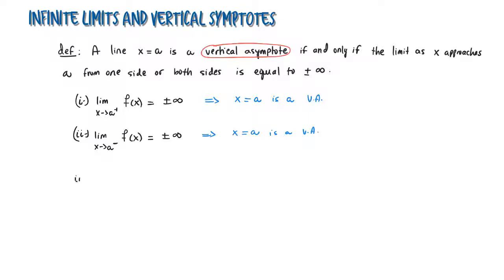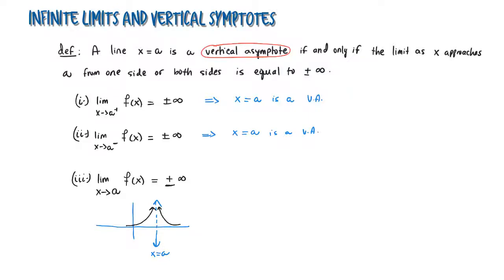Another possibility that I may have is that the double-sided limit may be infinite. So if the limit as x approaches a of f of x is positive infinity or negative infinity, as an illustration, imagine that here is the line x equals a, and what I really have is a function that goes up to positive infinity in this direction.